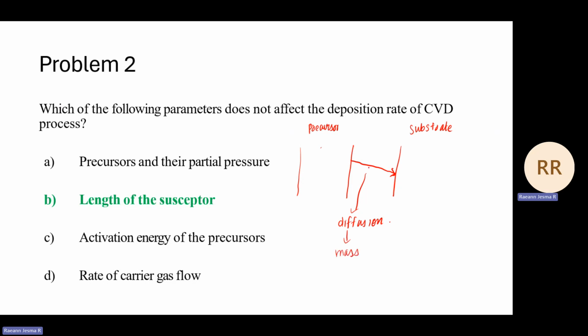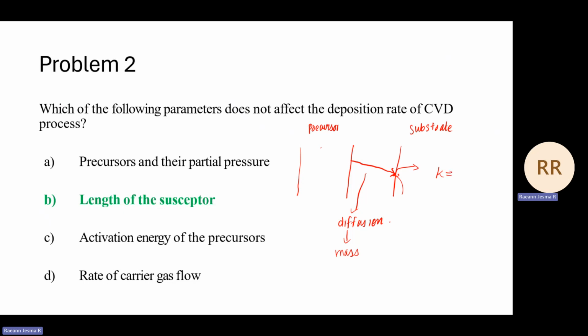How much is getting transported from the gas to the surface of the substrate will tell you how much of the reactants will be present at the substrate. Once the reactants are transported to the substrate, the reaction has to happen. For the reaction to happen, it should have some particular reaction rate.